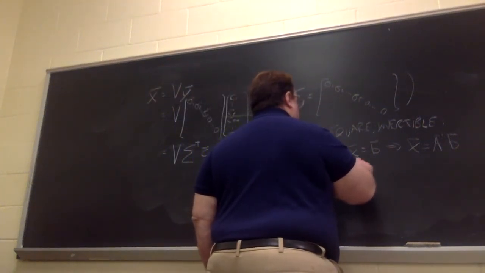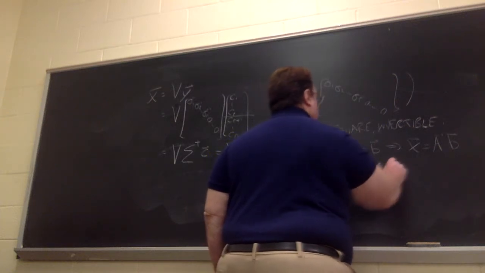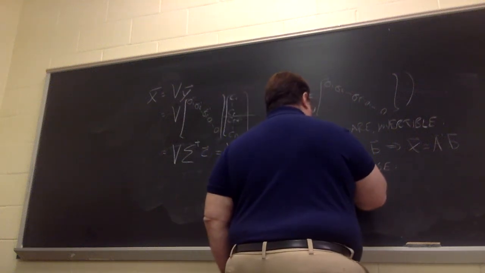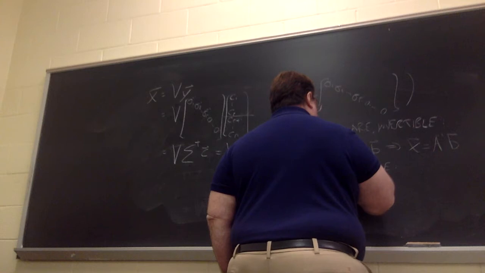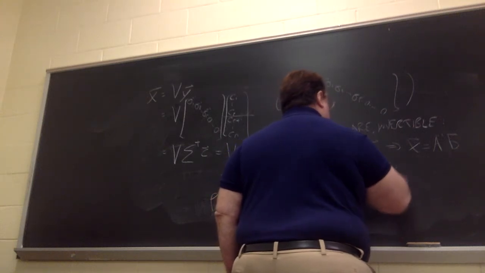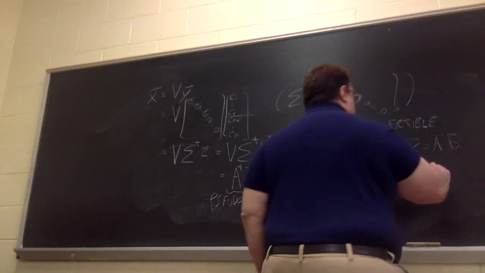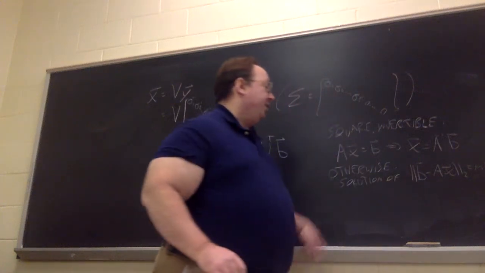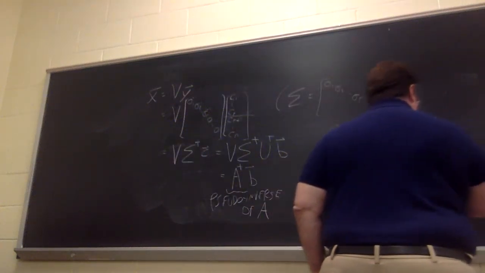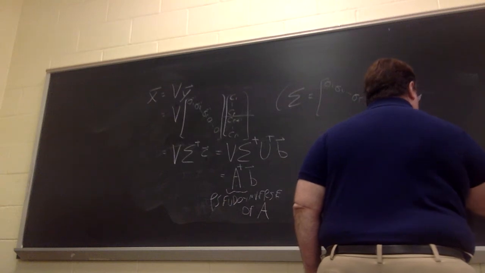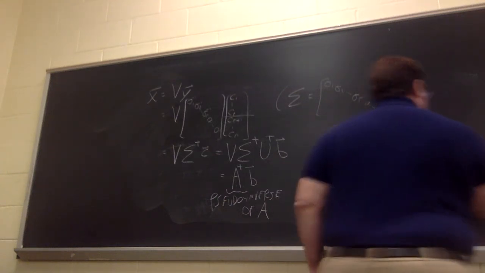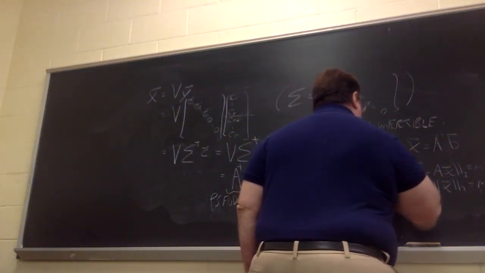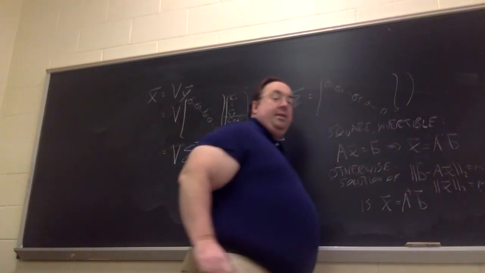If you do not have that, then the solution of this problem, where you're trying to minimize the 2 norm of a residual vector b minus Ax, and you're also trying to minimize the 2 norm of x, would be the pseudo-inverse times b.